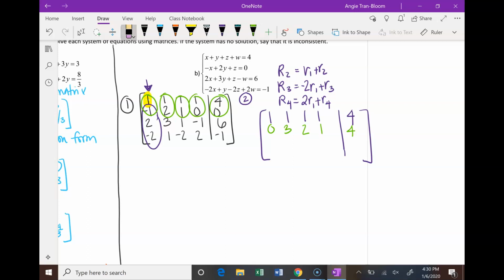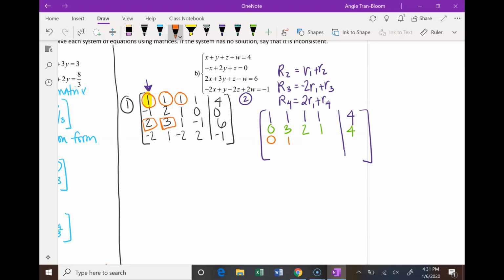All right, let me erase the circle so you're not confused on my next operation. Row 3, I'm going to take negative 2 times row 1 plus row 3. Negative 2 times 1 is negative 2 plus 2 is 0. Negative 2 times 1 is negative 2 plus 3 is 1.